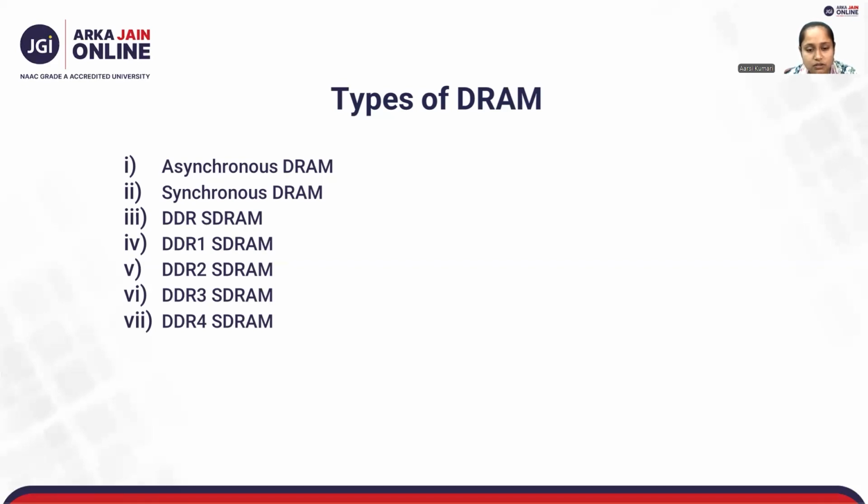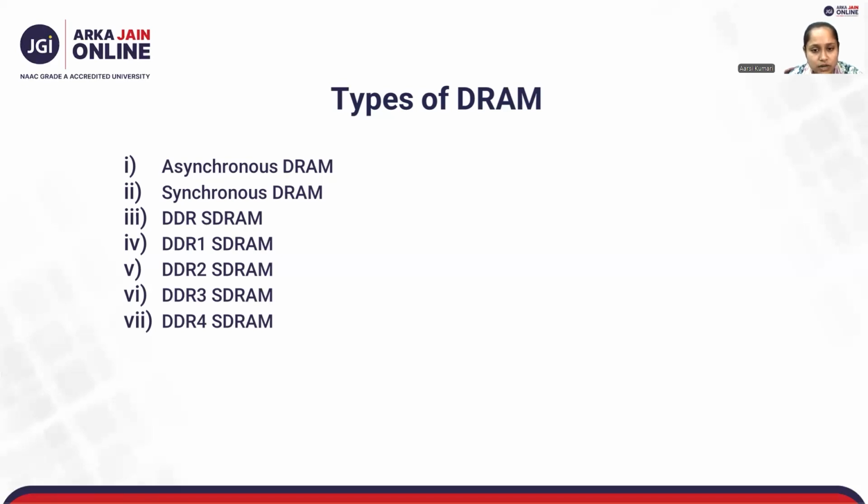DDR SDRAM, the next generation of synchronous DRAM, is known as DDR RAM. It was developed to overcome the limitation of SDRAM and was used in PC memory at the beginning of the year 2000. In DDR SDRAM, the data is transferred twice during each clock cycle, during the positive edge and the negative edge of a cycle.